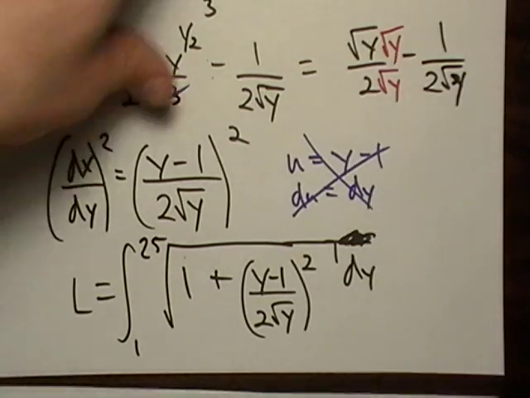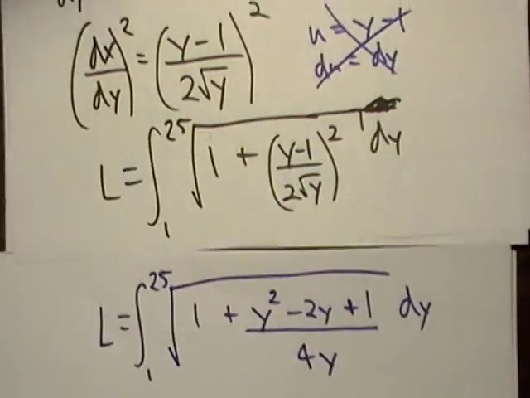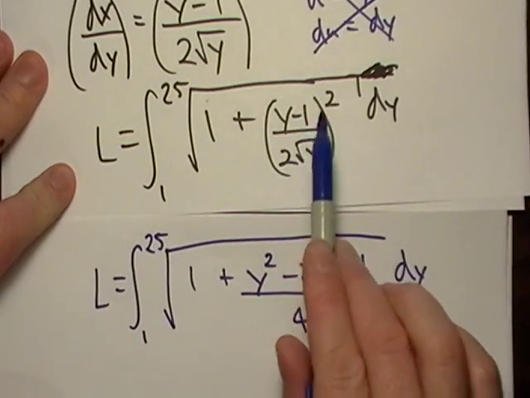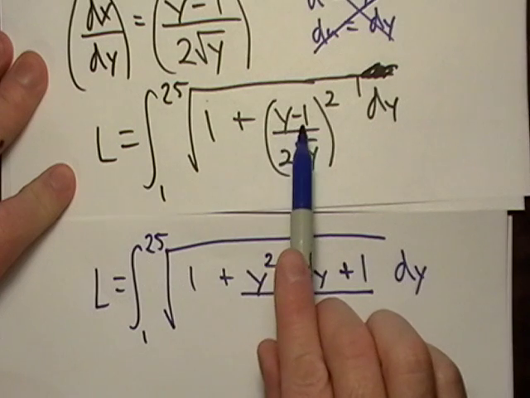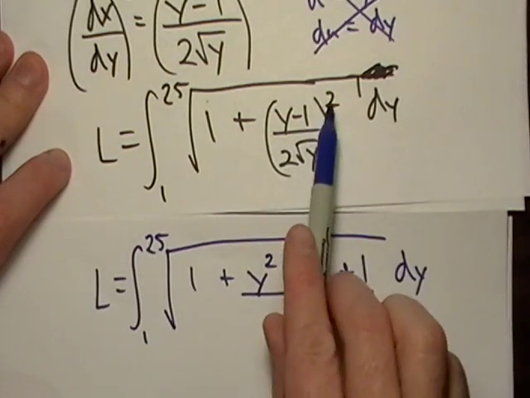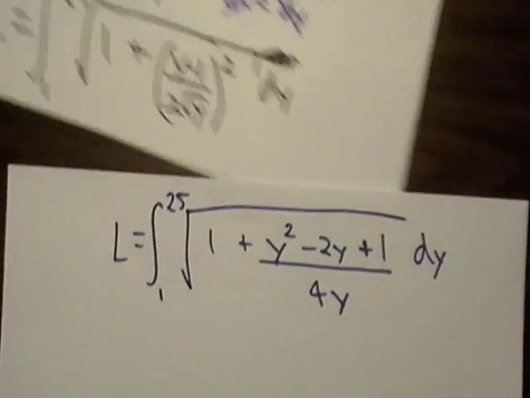Don't worry, I'm putting it on the paper. All I did is I squared this whole thing. I got y minus 1 times y minus 1, expanded it using the FOIL method, and then the bottom term I just squared too.